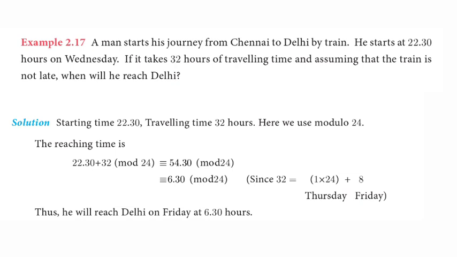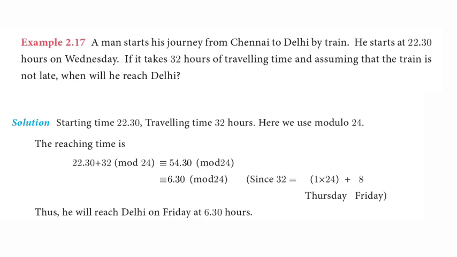Thursday 22:30 plus 1 is 23:30, plus 1 is 24:30, that is 0:30, plus 1 is 1:30, plus 2 is 2:30, plus 3 is 3:30, plus 4 is 4:30, plus 5 is 5:30, plus 6 is 6:30. In total we add 8 hours to 22:30, which gives 6:30 hours.